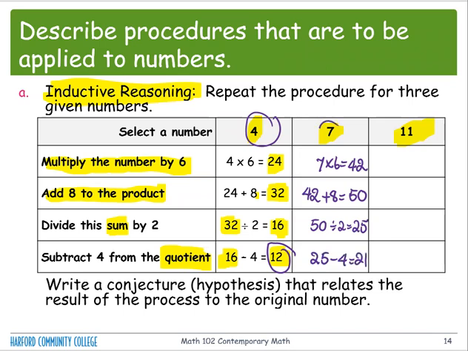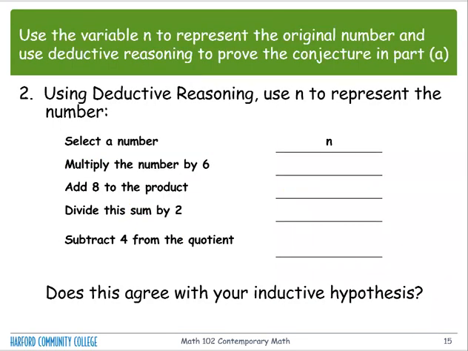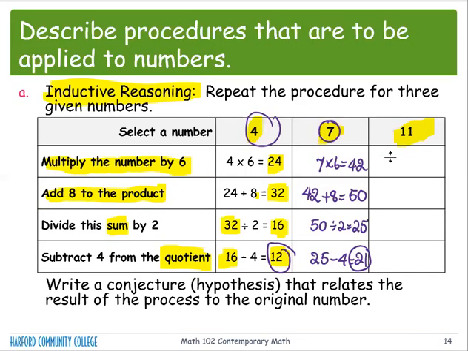Next we're going to see the relationship of 7 and 21 as a conclusion later on, which is called the conjecture. The given number is 11. Multiply the number by 6. So 11 multiplied by 6 is 66. The 66 is called the product.